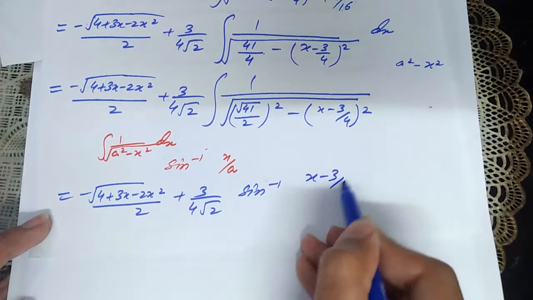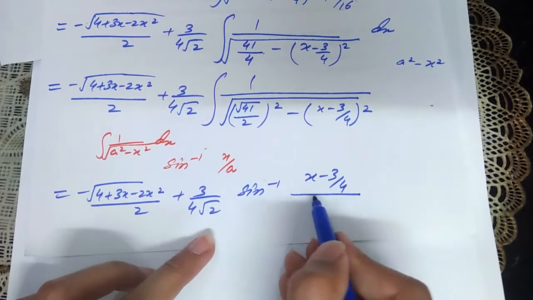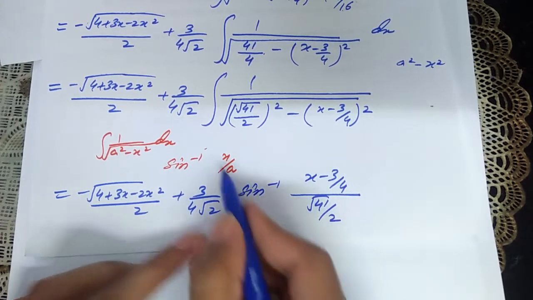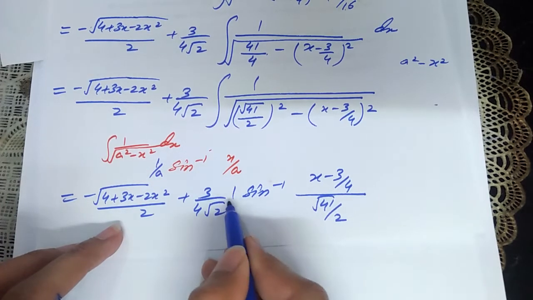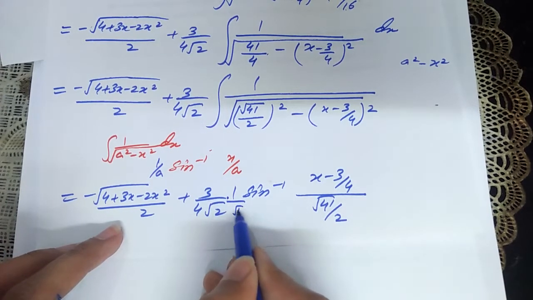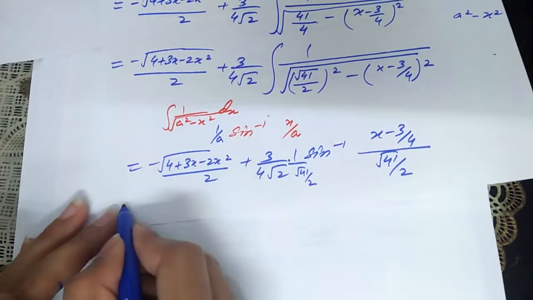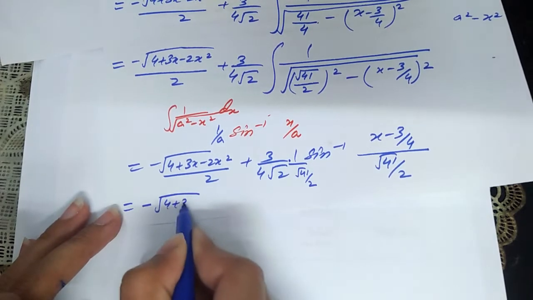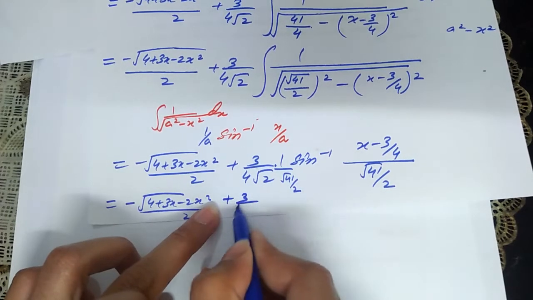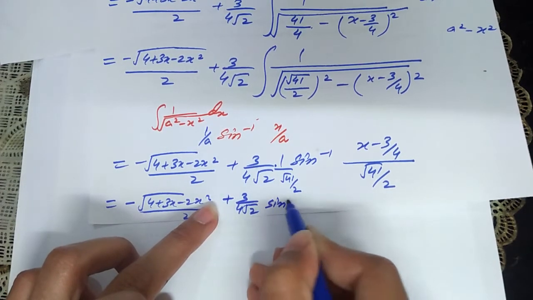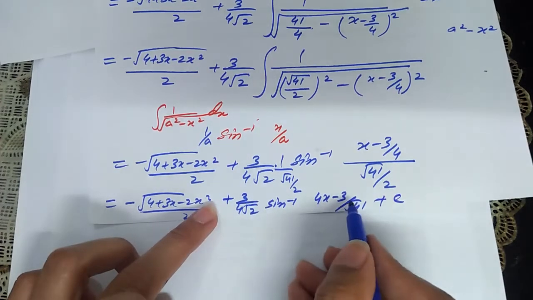That is x minus 3 by 4 divided by this under root 41 over 2. We know that in the formula we have 1 over a here as well. So 1 over a will become here 1 over under root 41 over 2 as well. So after simplification, we will get here negative 4 plus 3x minus 2x square over 2, and here I will get plus 3 over 4 under root 2 sine inverse 4x minus 3 over under root 41 plus c, constant of integration.